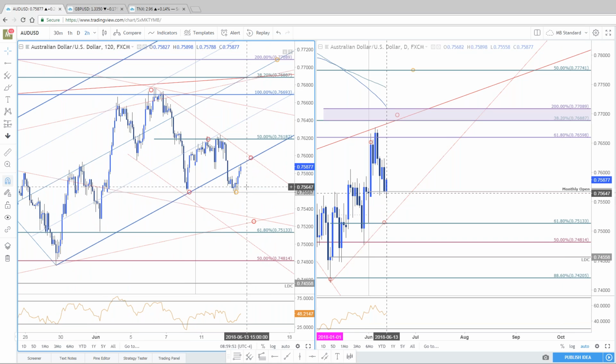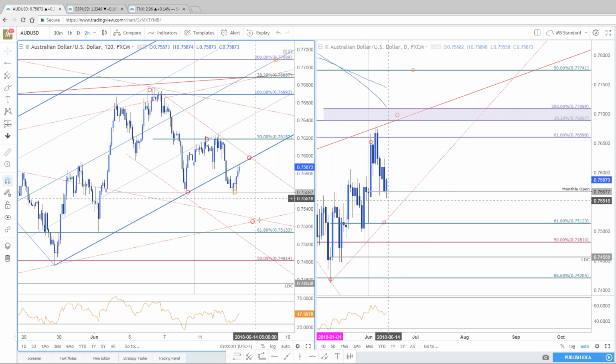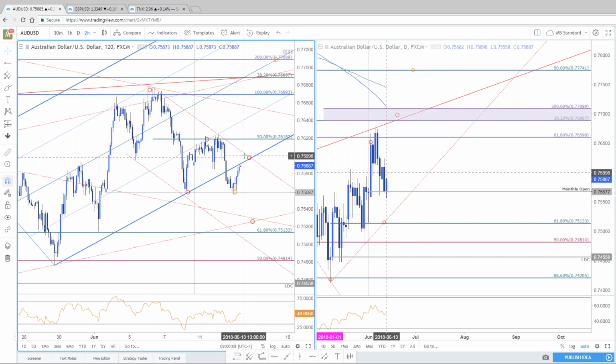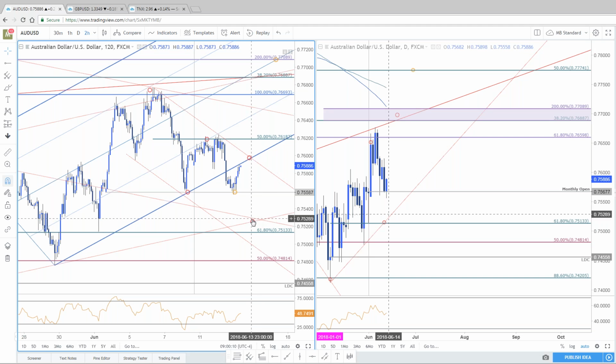Bearish invalidation, the objective weekly high. So a breach above this puts these targets back in sight into 77. Right now I'm looking for, or I'm hoping for, a fizzle out here, an entry somewhere ahead of or into the Fed on a spike for a move lower towards 75.20s.